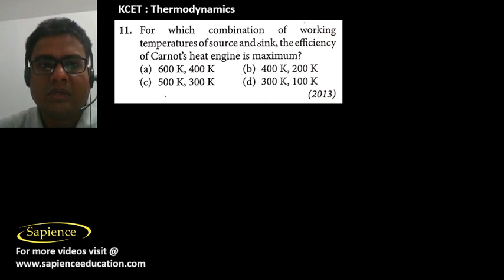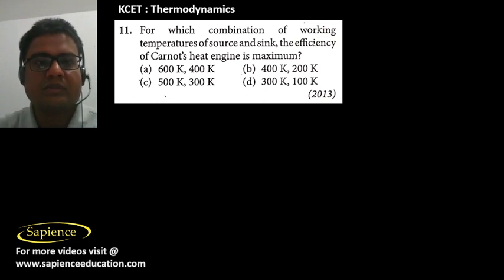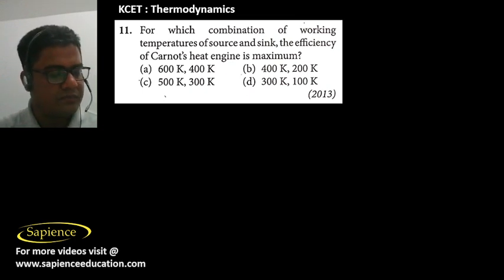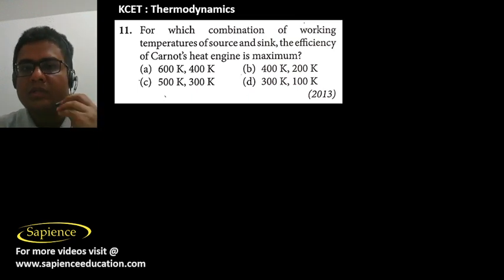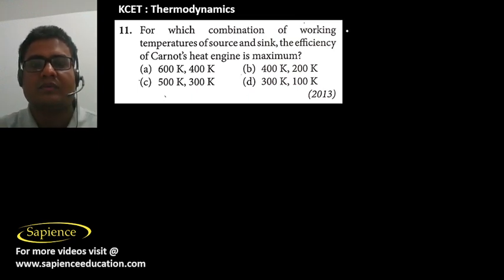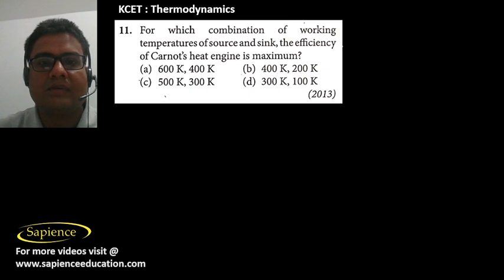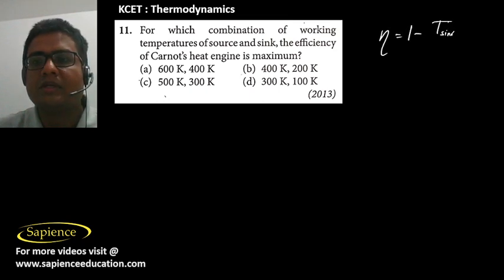Then in question number 11, it is asked for which combination of working temperatures of source and sink the efficiency of the Carnot heat engine is maximum. The efficiency of a Carnot heat engine is 1 minus the temperature of sink by temperature of source.